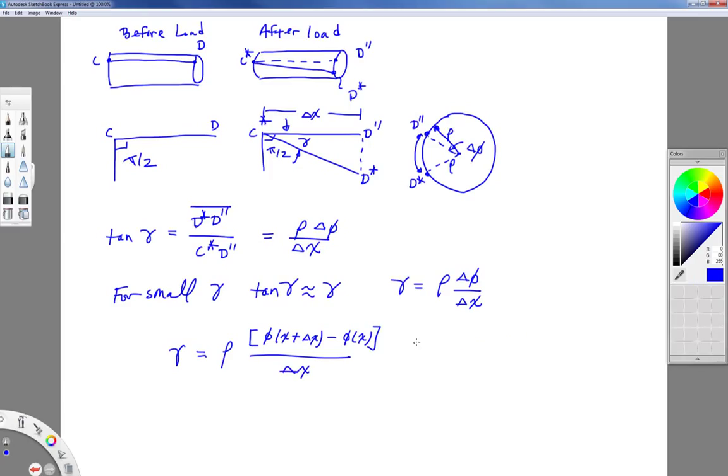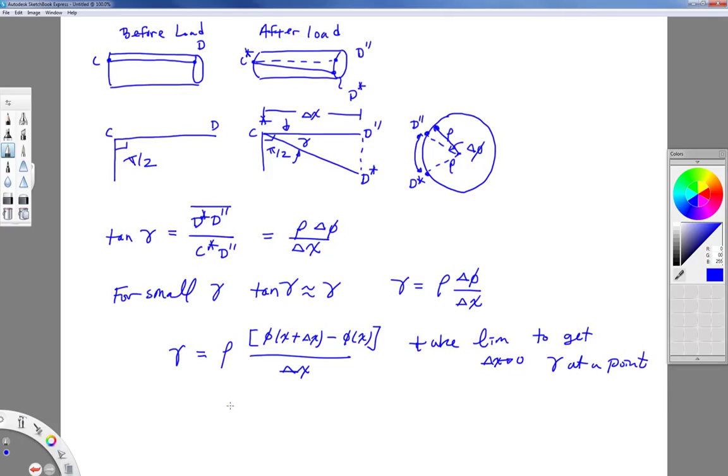If we take the limit as delta x goes to 0, then we can get the strain at a point. And in the limit, this is the definition of a derivative.